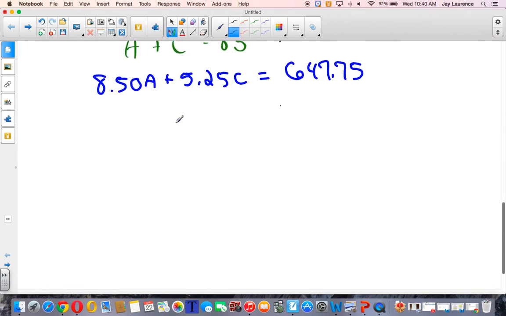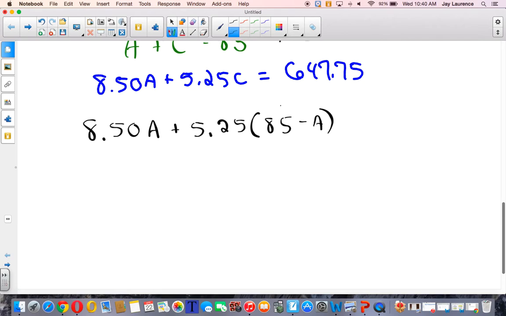So now I'm going to substitute in $8.50A plus 5 1/4 times the quantity of 85 minus A. And then that will equal 647.75. Going to distribute here.